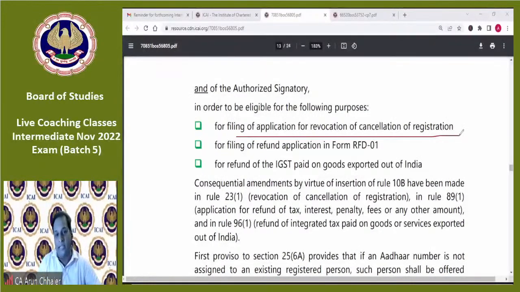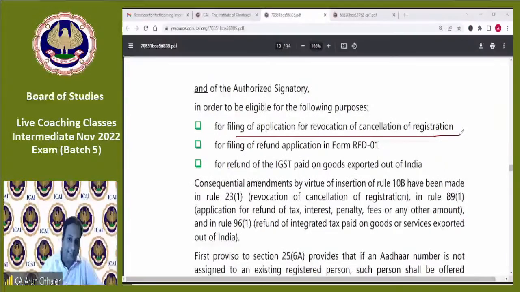Second, filing of the refund application in the form RFD01 for accumulated ITC. And third is refund for IGST paid on the goods for export out of India. So two categories are related to refund.